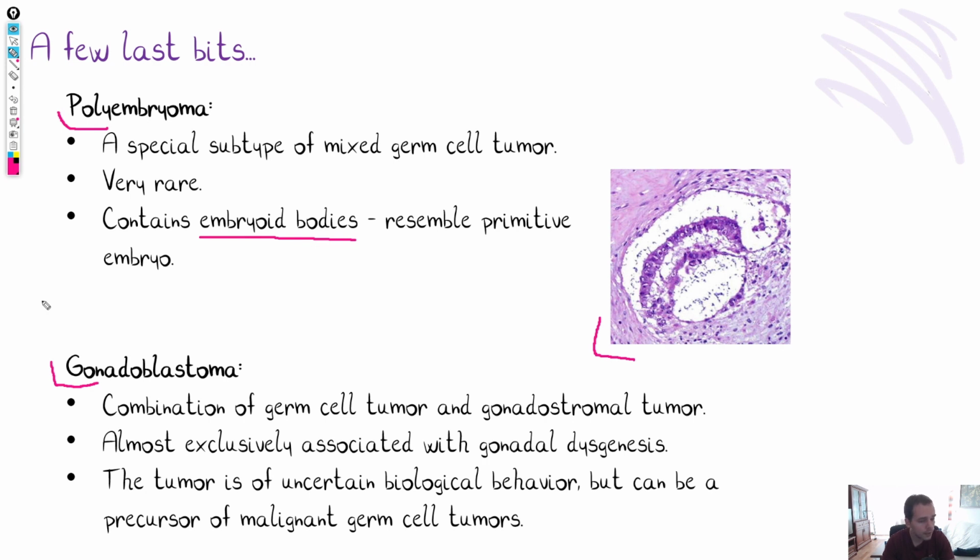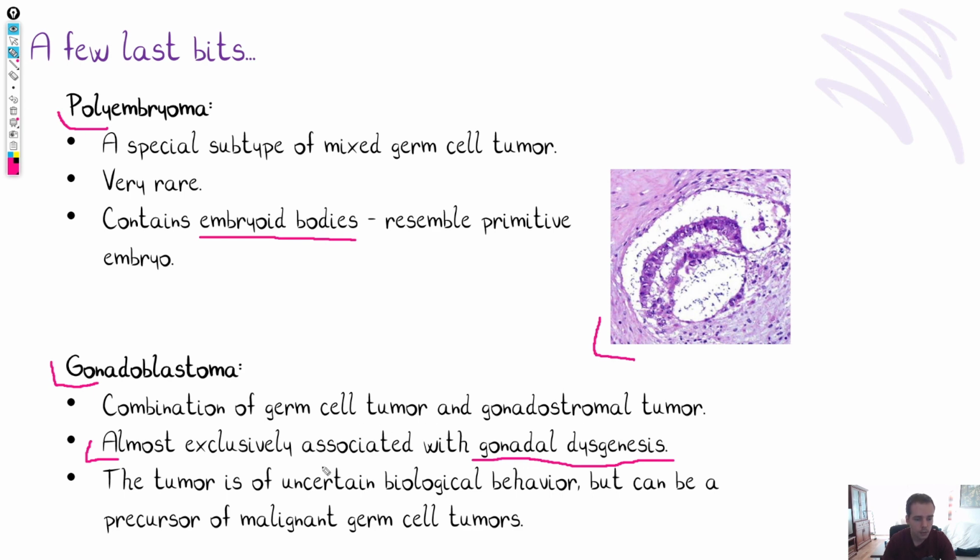what you should know is that gonadoblastoma is almost exclusively associated with gonadal dysgenesis. So those patients with gonadal dysgenesis are in the increased risk of gonadoblastoma developing in this dysgenetic gonads. And gonadoblastoma itself is not malignant.